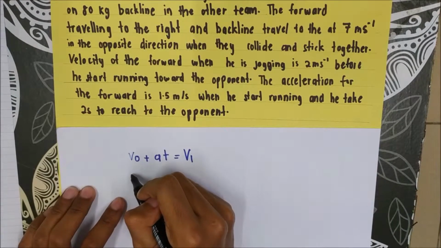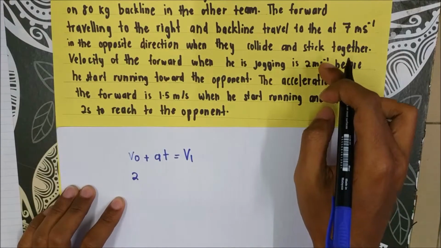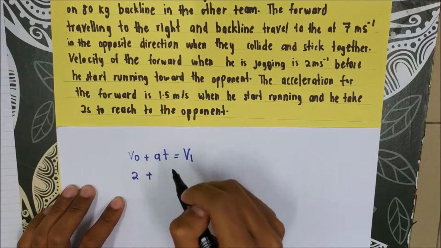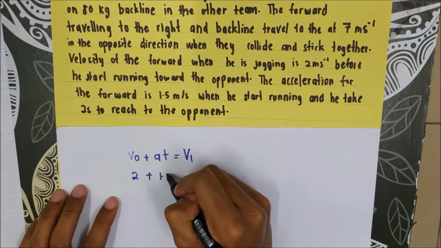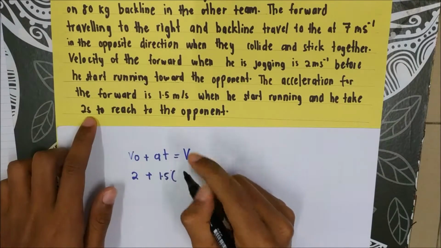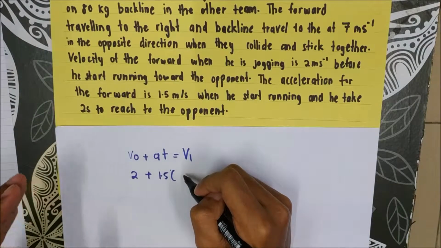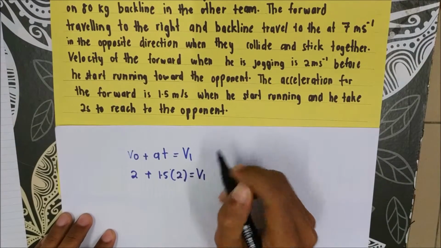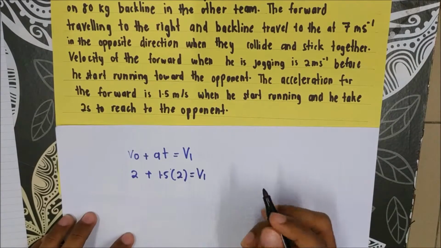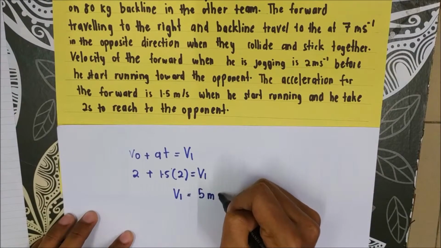V0 is 2, the velocity when he is jogging, plus the acceleration, already given as 1.5, times 2 seconds, which is the time he takes to reach the backline, equals V1. So we get V1 equal to 5 meters per second.